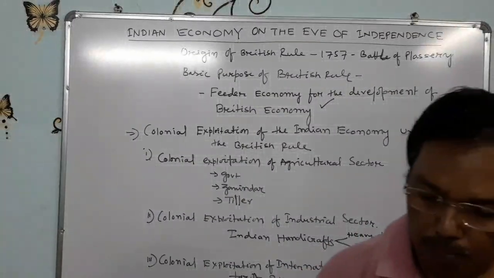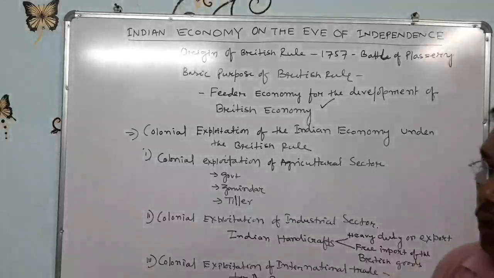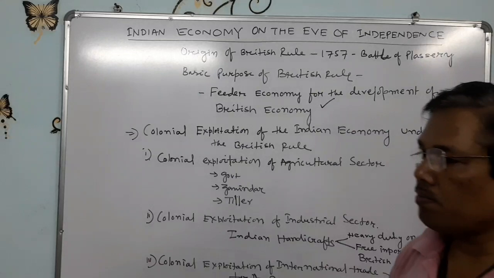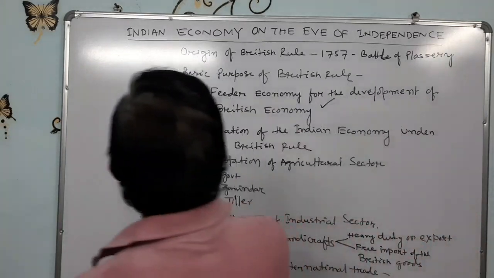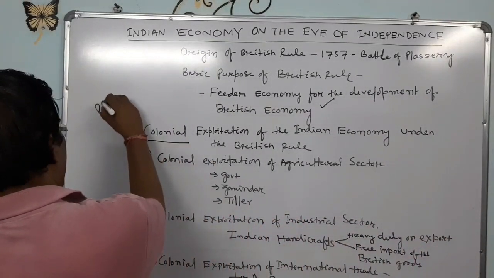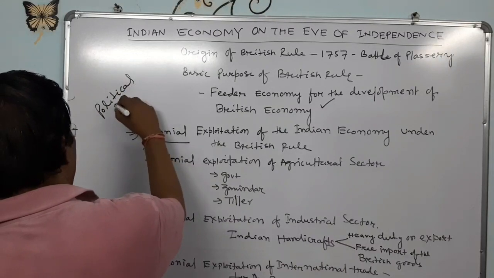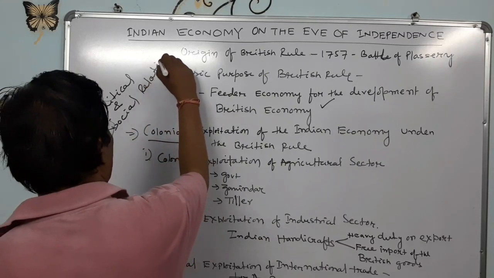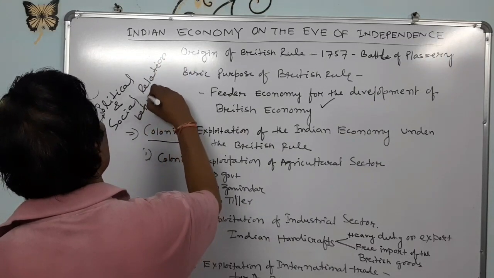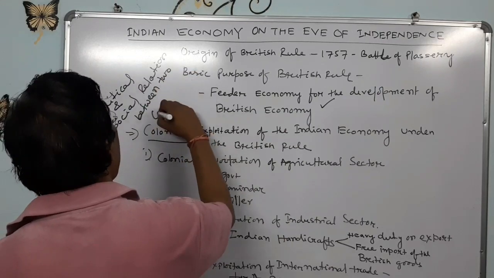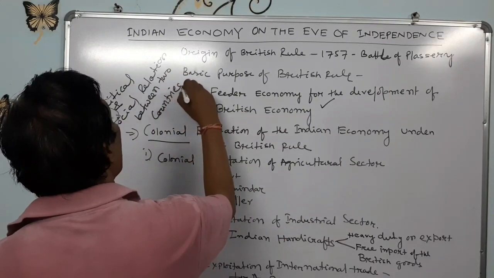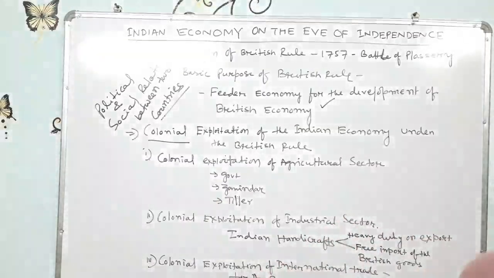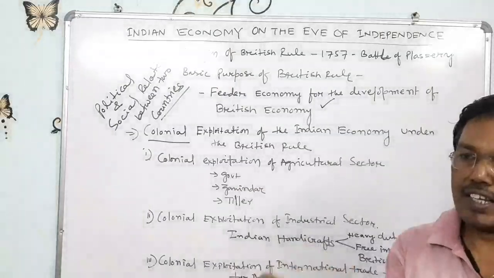Colonialism refers to a system of political and social relations between two countries. That is called colonialism. One is the ruler and the other is the resident.